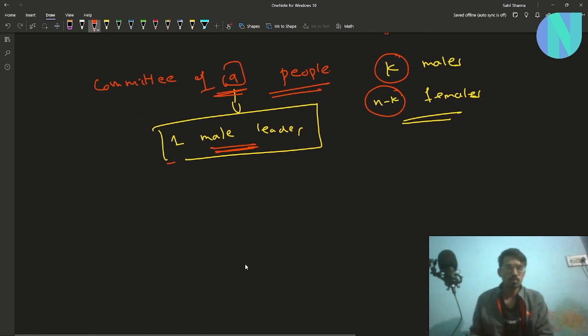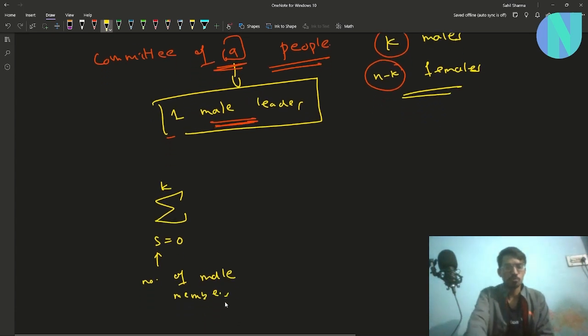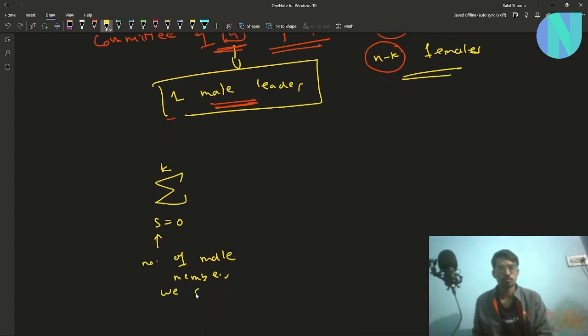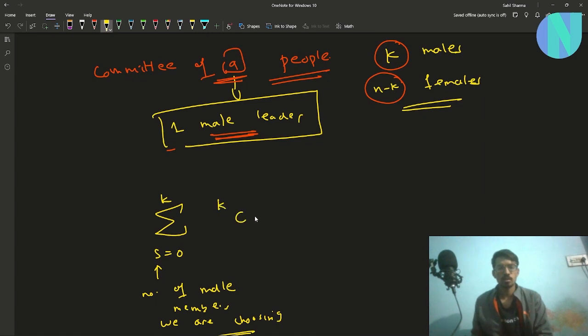If you try to solve this, let's say we iterate over S from 0 up to K. That is the number of male members we are choosing in the committee. The number of ways to do this is KCS, as we choose S male members out of K. As my committee is made up of A people, we still have A minus S leftover slots, and they must be filled by the females.